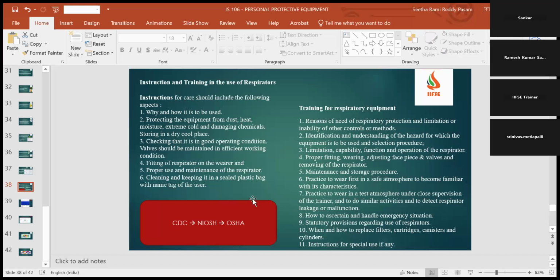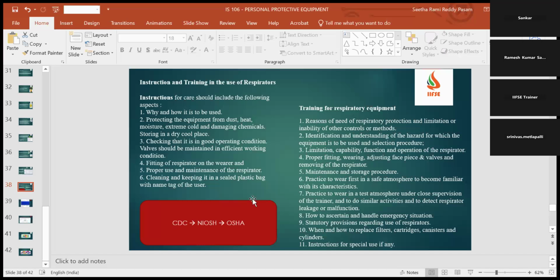That's why in the organization they create an activity specific PPE matrix. So based on the PPE matrix, they have to choose the respective PPE.